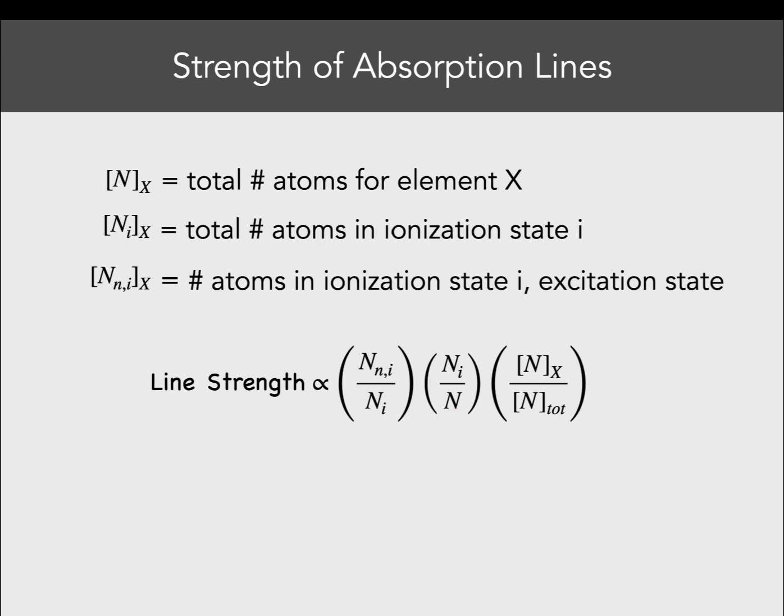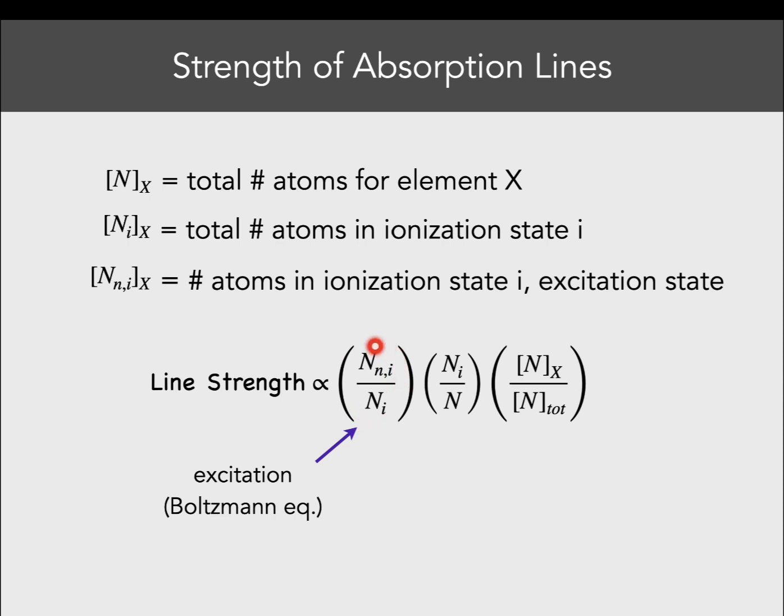This middle one is how many atoms I have in the right ionization state compared to the total number of atoms of that element. And this one over here is how many atoms I have that are the right element compared to the total number of atoms in the star.